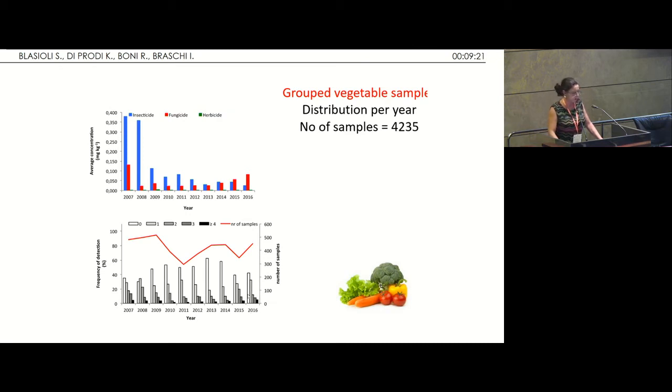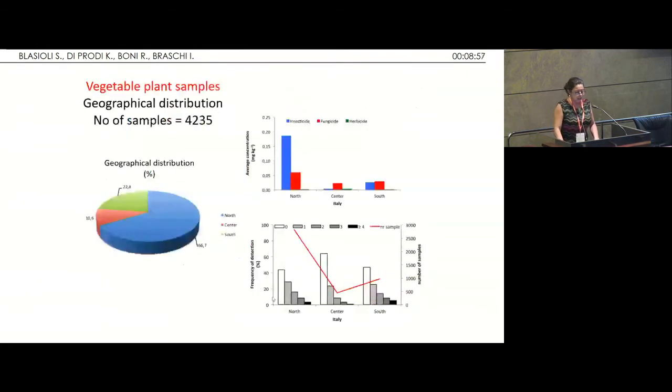The number of active ingredients revealed in the samples is increasing. And this was expected because commercial products usually contain more than one active ingredient, to fight resistance.